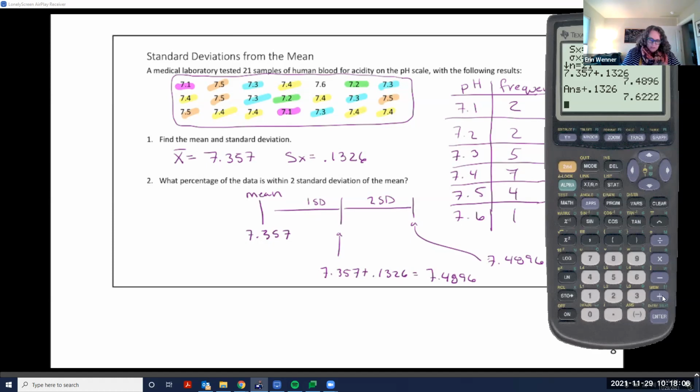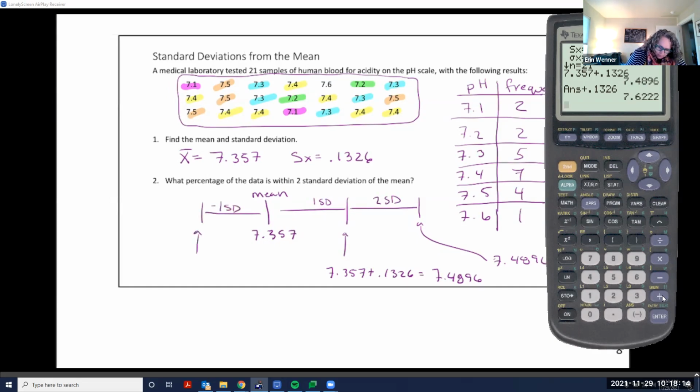So we look on the other side. If we go down 1 standard deviation, that means I'm going to take 7.357 and subtract 1 standard deviation from it, and we get 7.2244. Again, my lowest pH is 7.1, so let's go 1 more standard deviation.